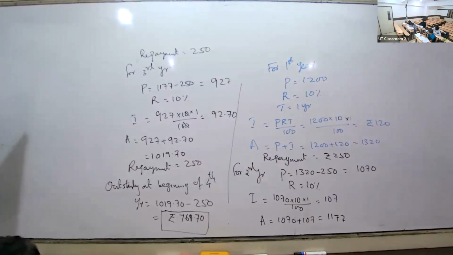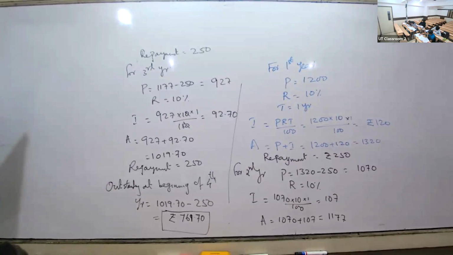I is equal to PRT upon 100, 75,000 into 15 into 1 upon 100.